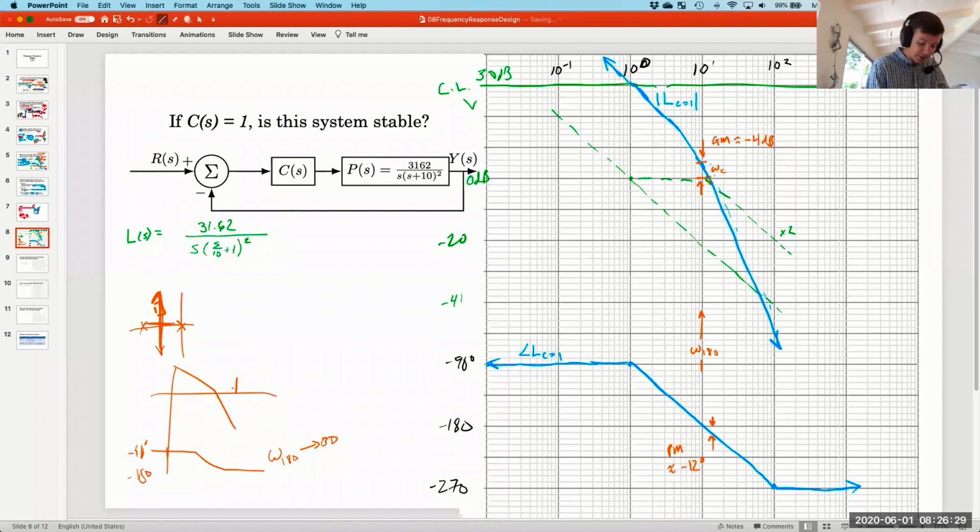And how far is this distance between the magnitude plot and 0 dBs at infinite radians per second? Well, it's infinite. So this tells me that the gain margin is infinite without having known anything about the root locus diagram. The phase margin, however, is finite because there is a finite omega c, which means that there will be a finite distance between the phase plot and minus 180.